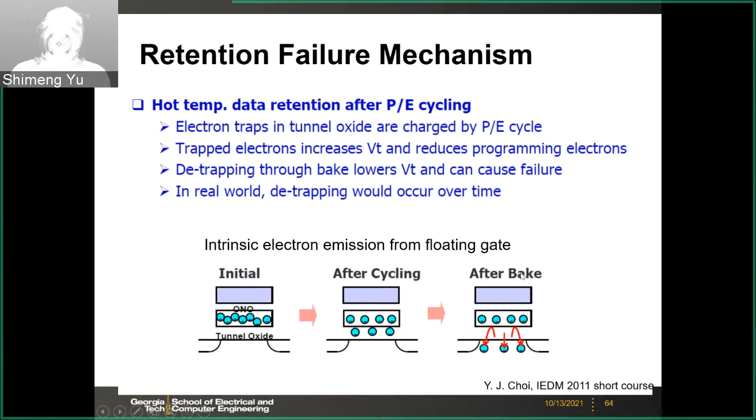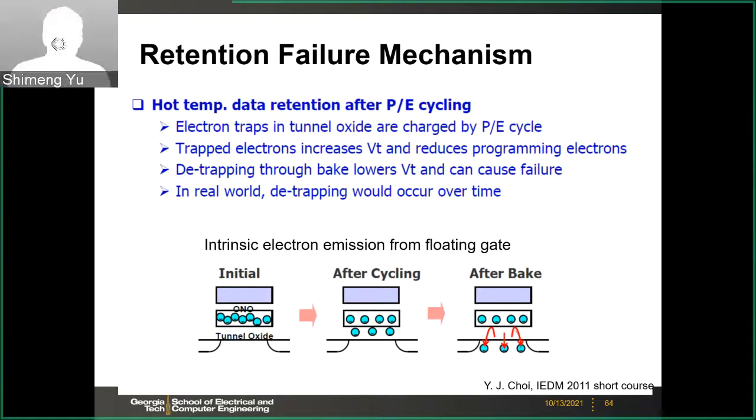So after the high temperature, those captured electrons may detrap. This captured electrons in those trap sites is not very stable actually. So you can release those electrons by high temperature.